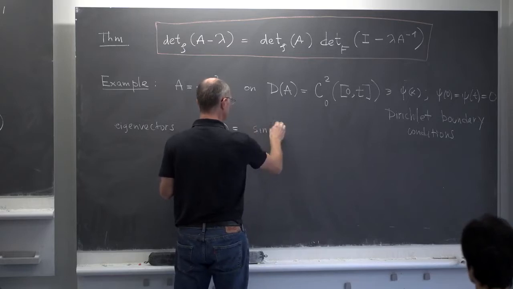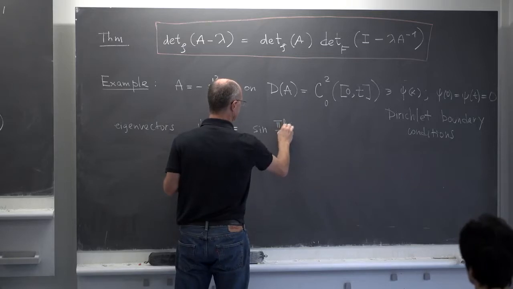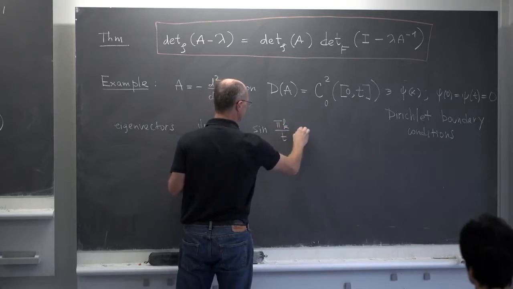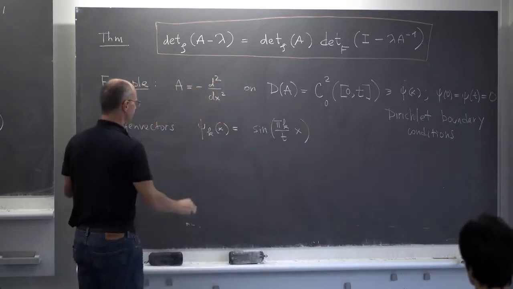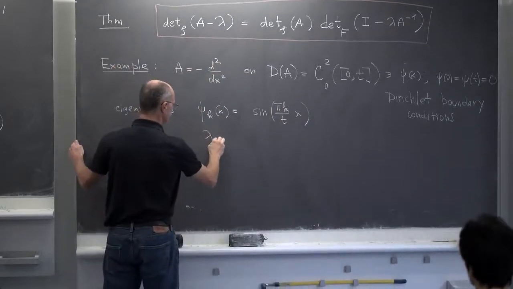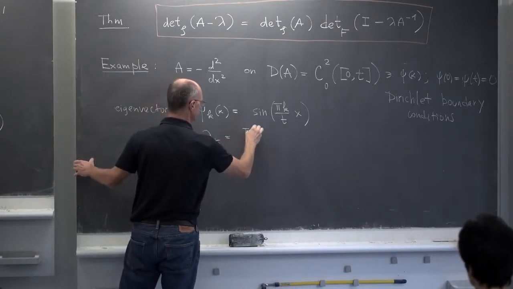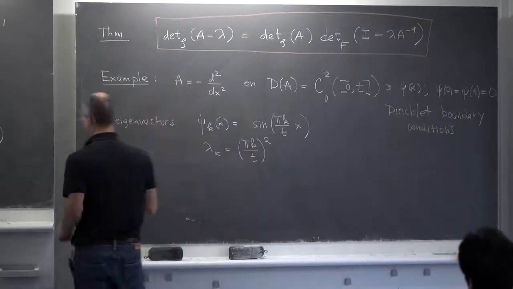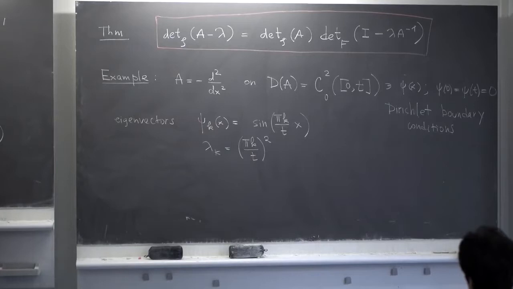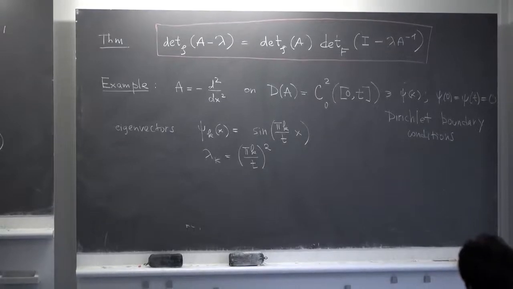These are sine functions of pi k x over t. And the corresponding eigenvalues will be simply pi k over t squared.